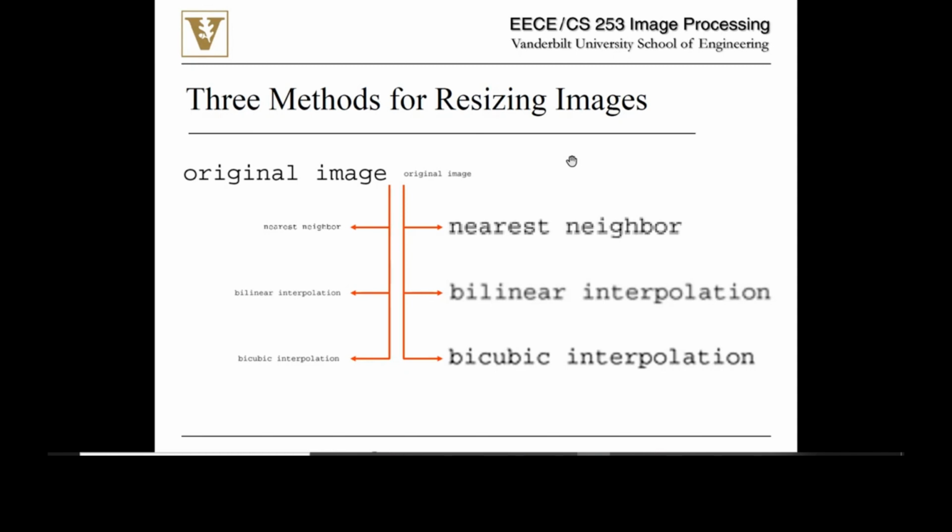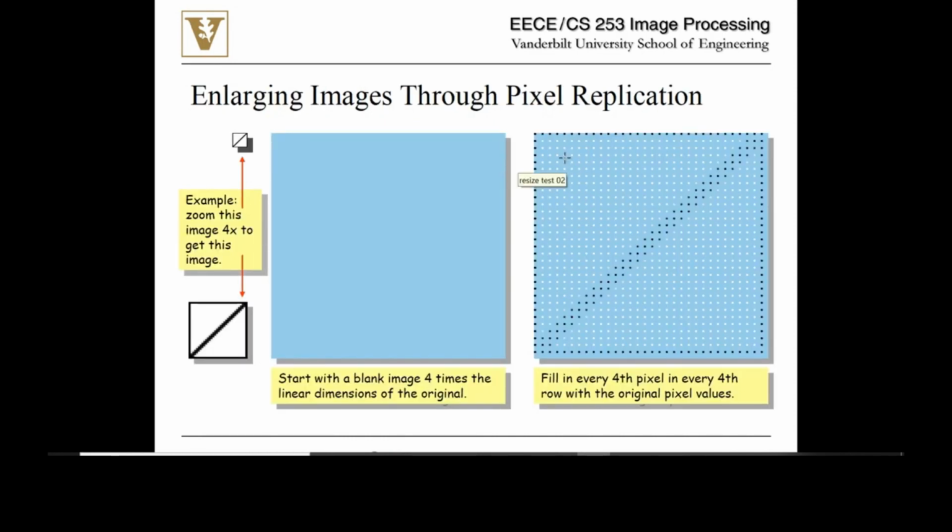Let's start with the resizing itself. In the resizing, there are two operators that are very important. One is upsampling and the other is downsampling. And downsampling actually has two components.